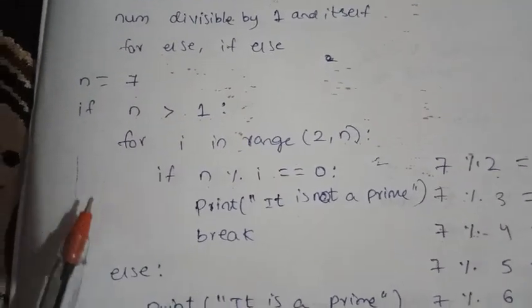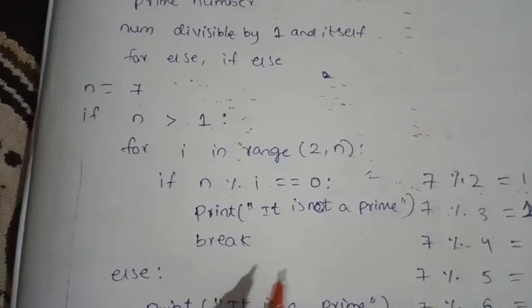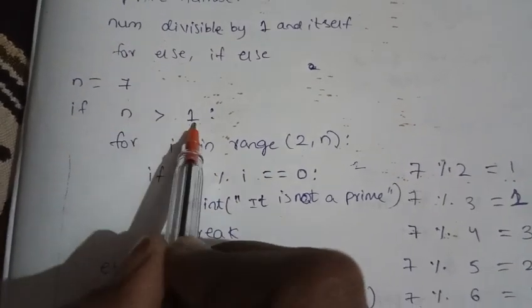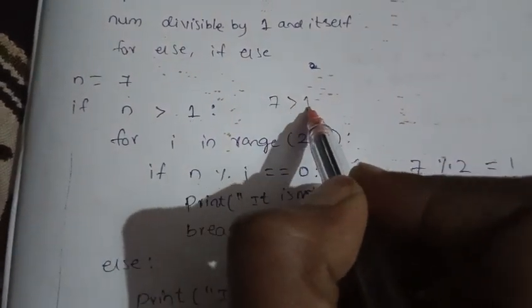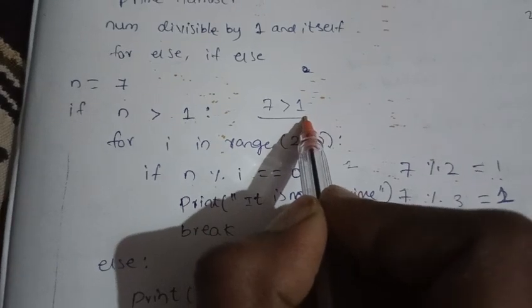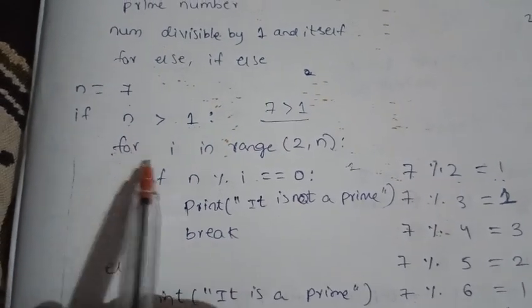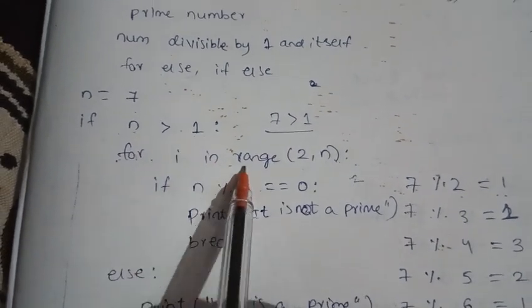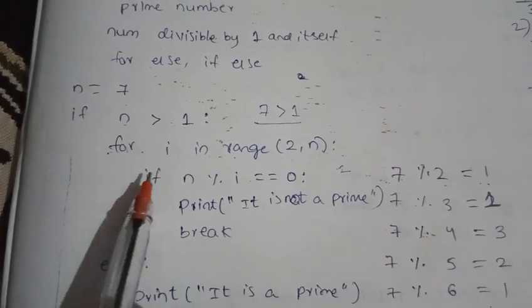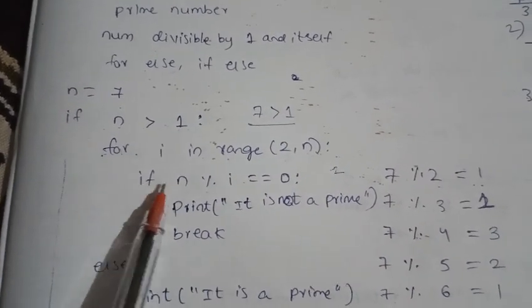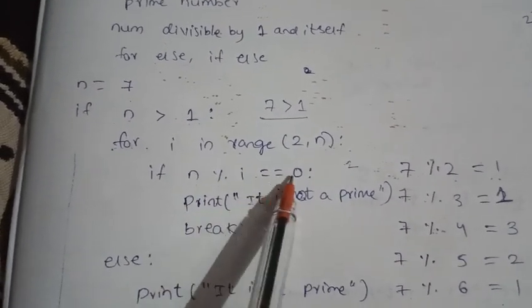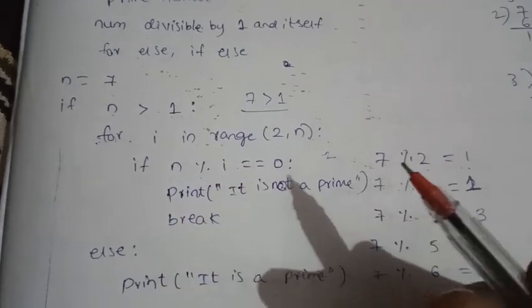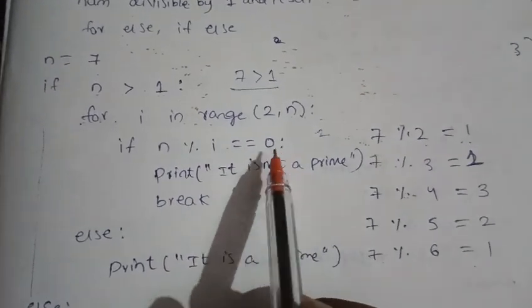I'll show you how this is going to work. We took a number as 7, n is equal to 7. It will compare 7 is greater than 1. Yes, 7 is greater than 1, then it will go to the next step. For i in range of 2 comma n, if n is divisible by i, then we need to get the remainder as 0.